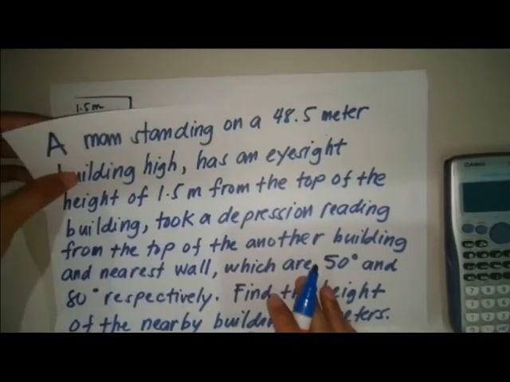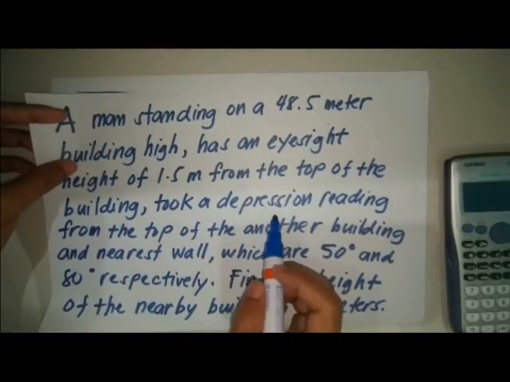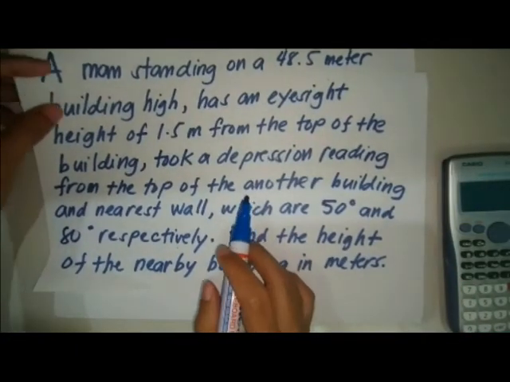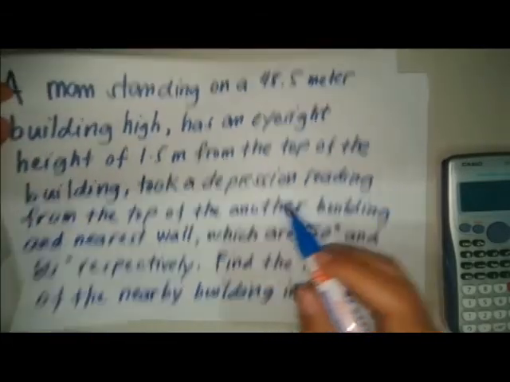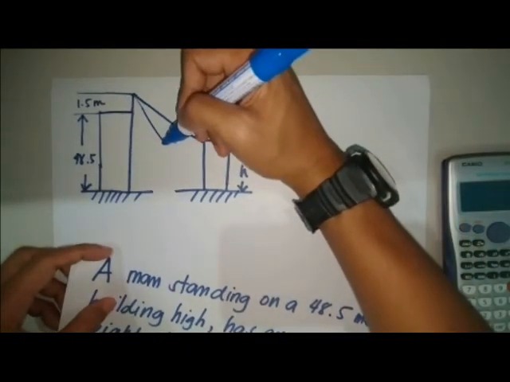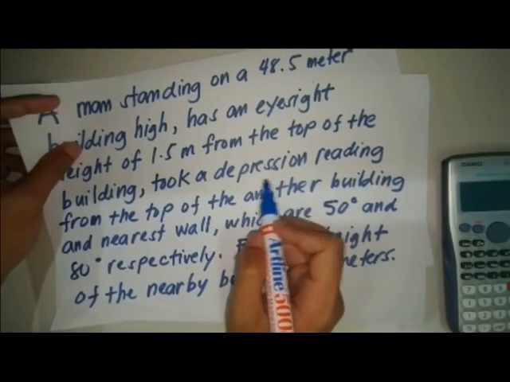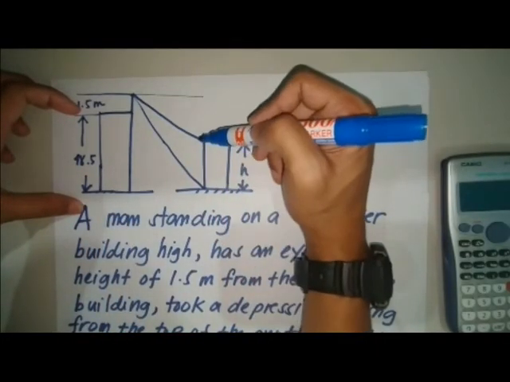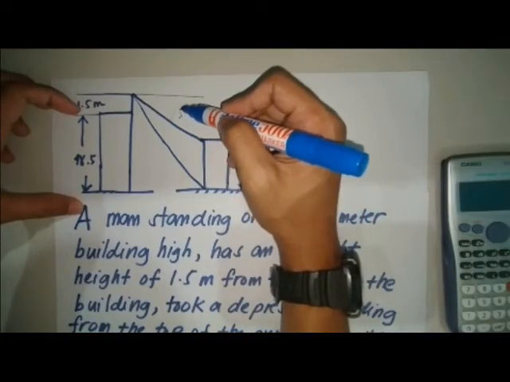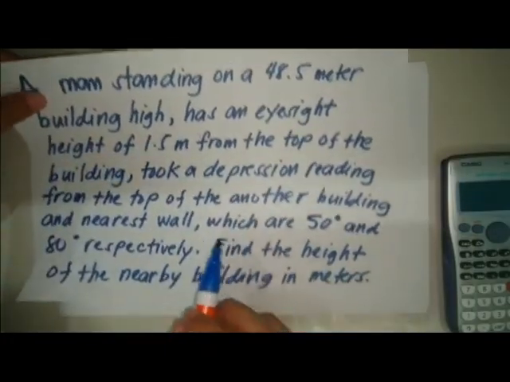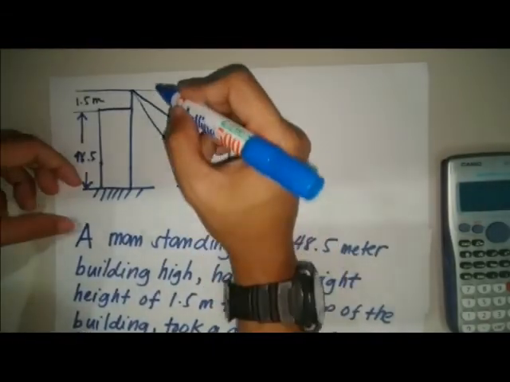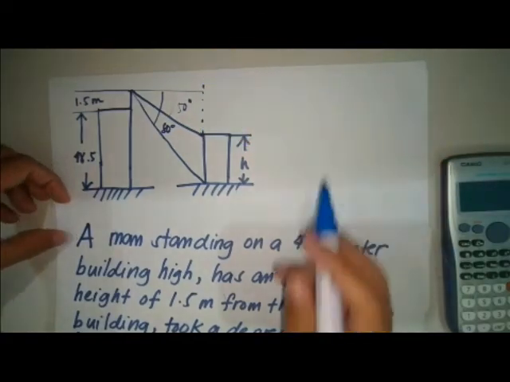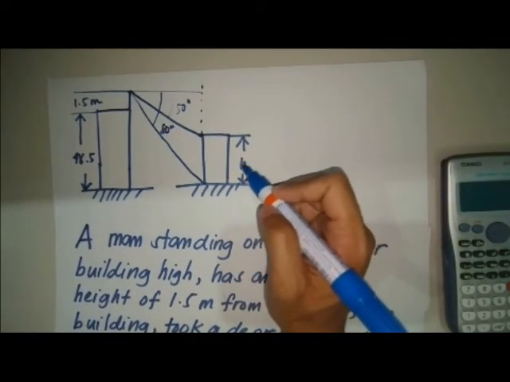In the problem, it says the angle of depression from the top of the building to the top of the other building, and to the nearest wall, which is the one at the bottom of the other building. The angle of depression is measured below the horizontal. So the angle of depression to the top of the building is 50 degrees, and to the nearest wall it is 80 degrees. So those are our givens, and what we are looking for is the height of this building.